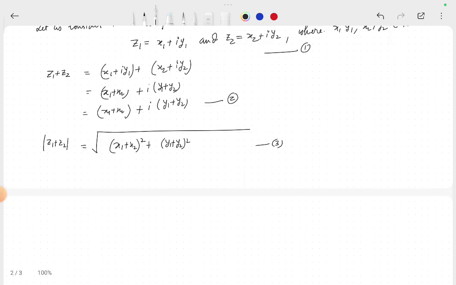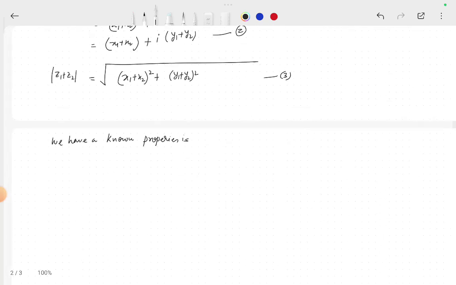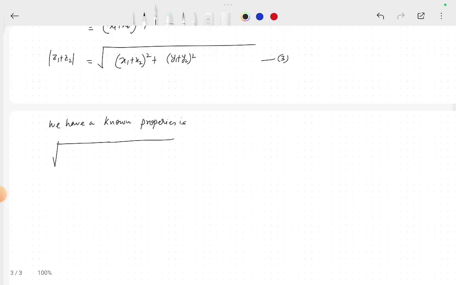Okay, now we have a known property: root under (x1 plus x2) whole square plus (y1 plus y2) whole square is less than or equal to root under x1 square plus y1 square plus root under x2 square plus y2 square.